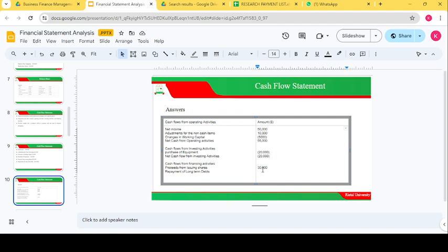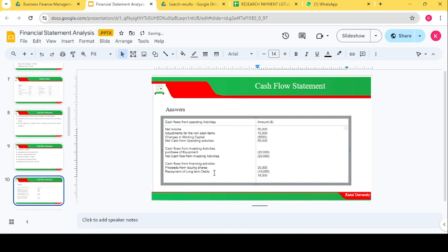So it is a cash outflow, a subtraction, so we are going to use a negative. We put it in brackets, 15,000. So when we subtract 30 minus 15, we get 15,000.